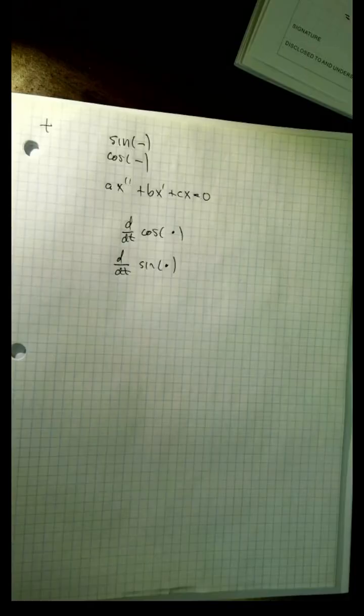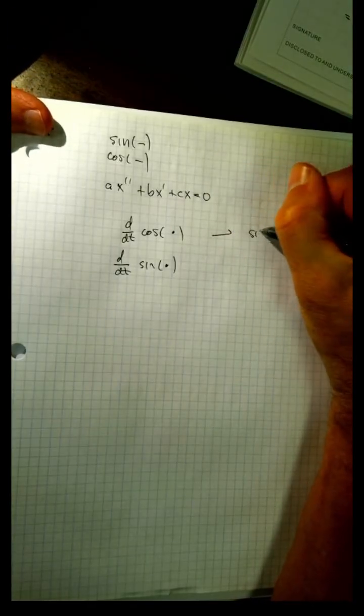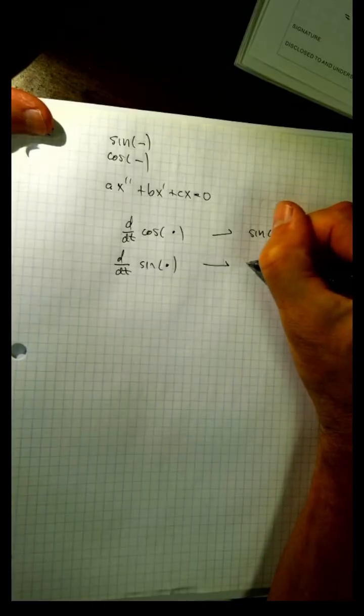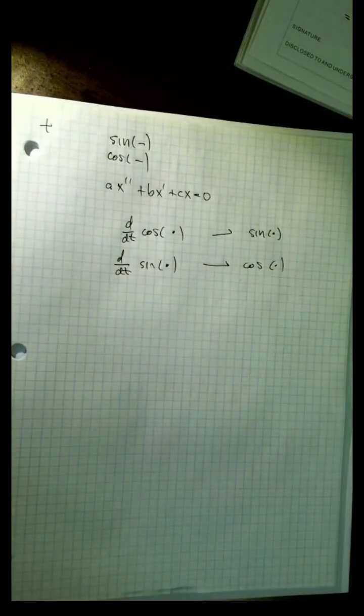The reason is when you take derivatives of cosines, you're going to get sines. When you take derivatives of sines, you're going to get cosines. So taking derivatives and putting them back into this original equation, we should expect to see cosine and sine solutions appear in some situations.